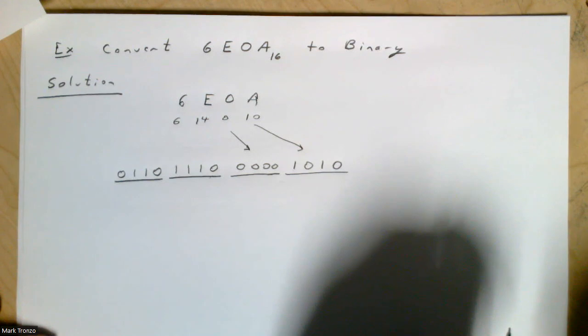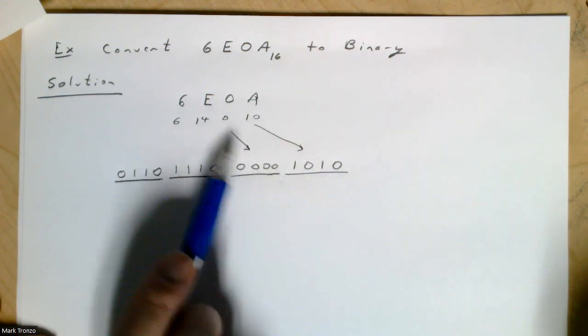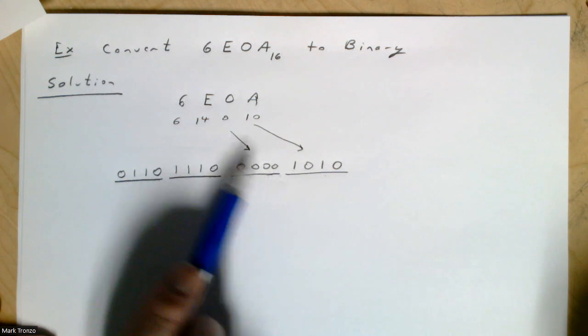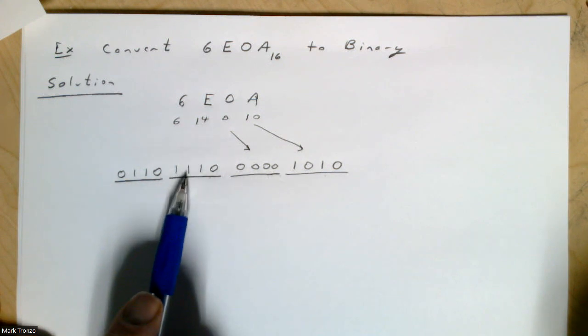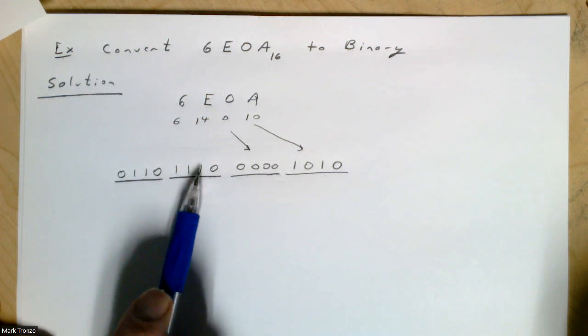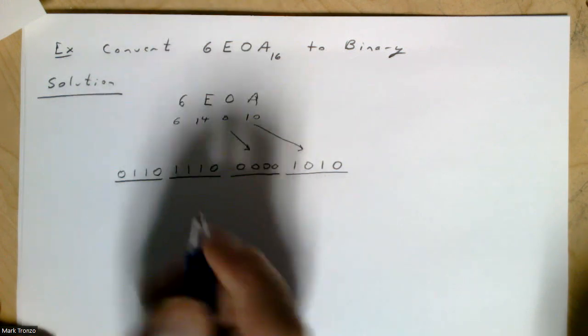And that's our number. Again, just double check. That's 10, 0, 8, 12, 14, 4 plus 2, 6. That looks correct.